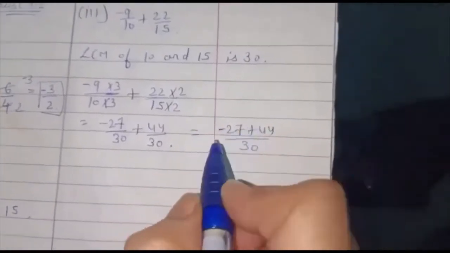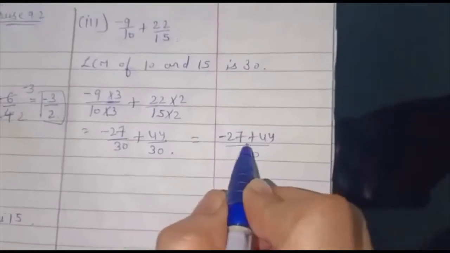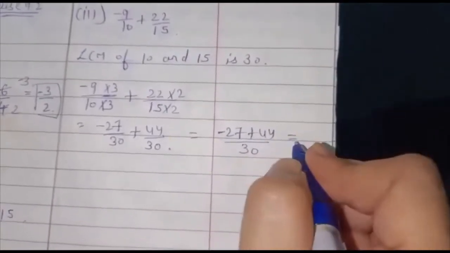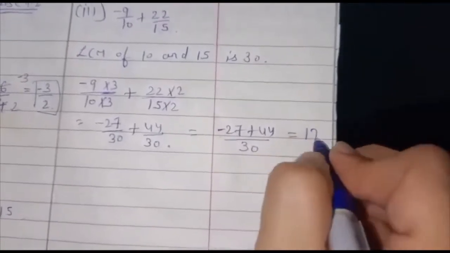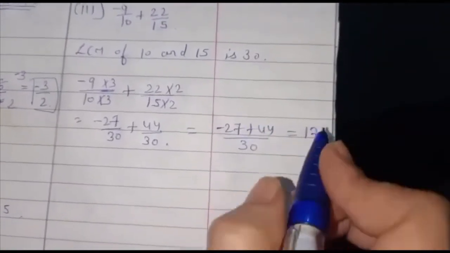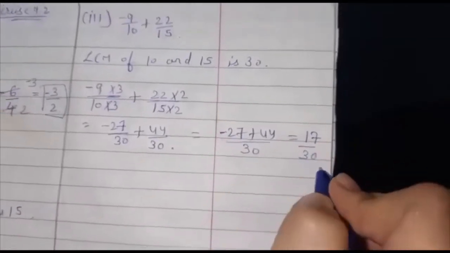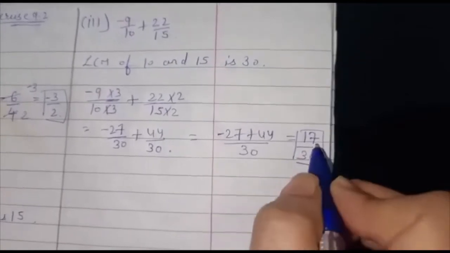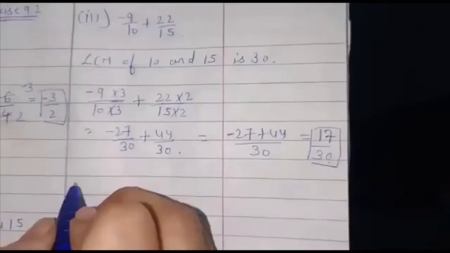Here plus minus is minus, so we need to subtract 27 from 44. If we subtract, we get 17, and no negative sign will come because the greater number has a positive sign. So 17 upon 30, and this is a proper answer.